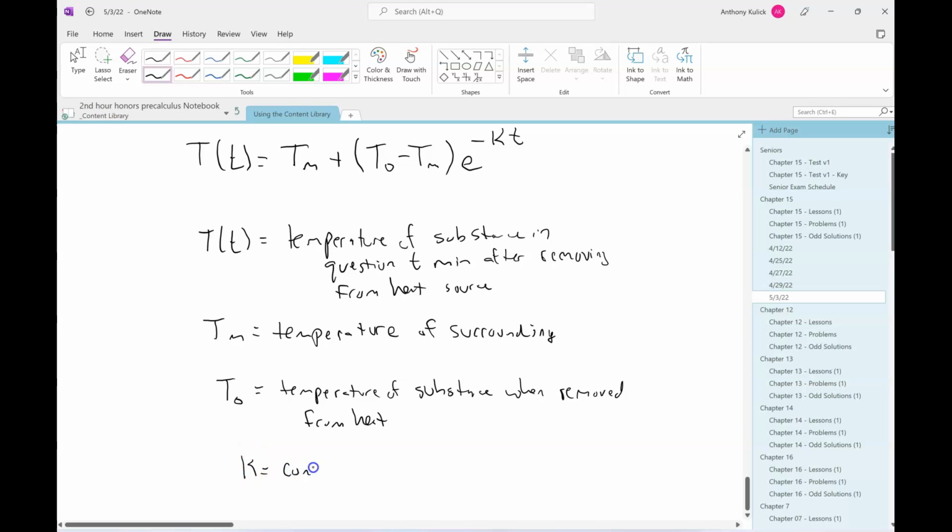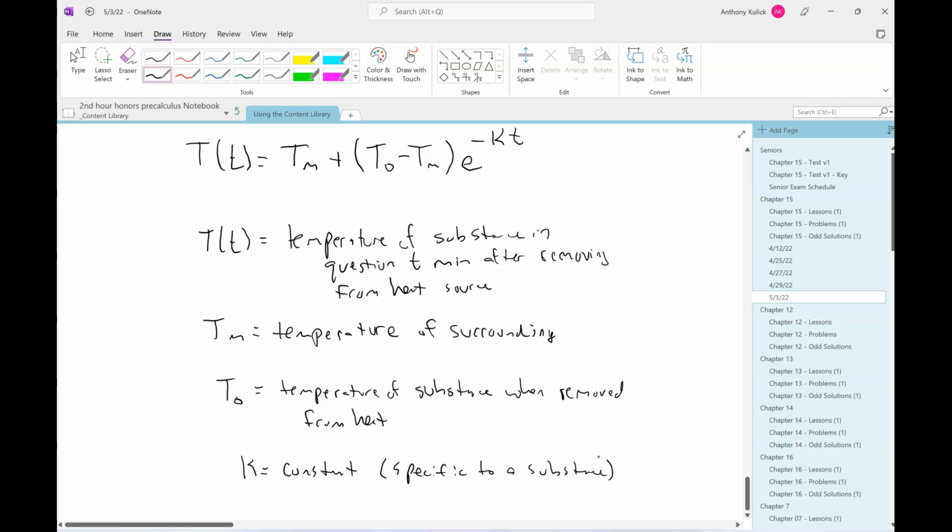The k is a constant, and that constant is specific to a substance. So the constant for a pizza roll would be different than the constant for a steel sword. Which makes sense, right?